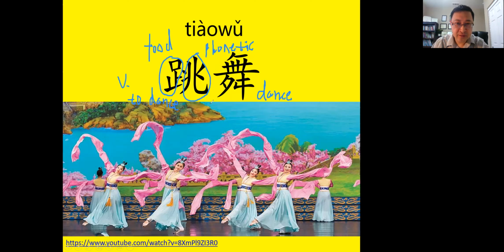It's another example of the verb plus object structure, or you can call it a detachable compound. You can put something between the verb and the object. For example, if you want to say, I like dancing Chinese dance, you would say 我喜欢跳中国舞.